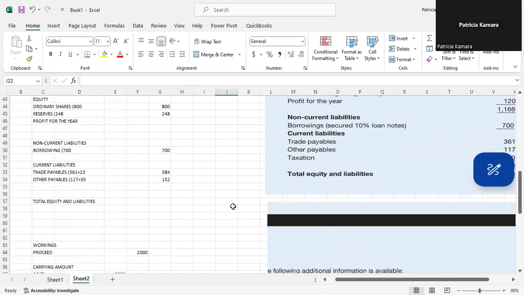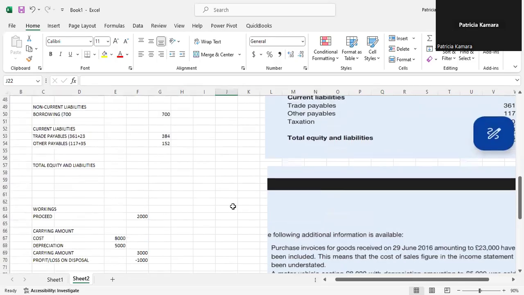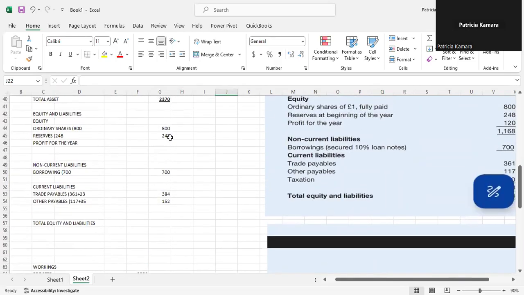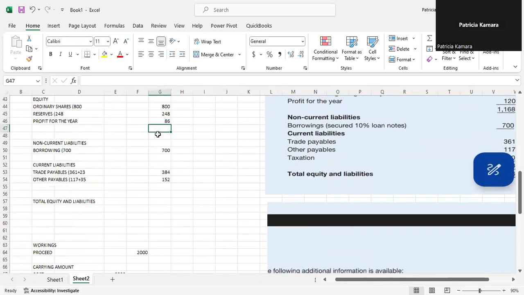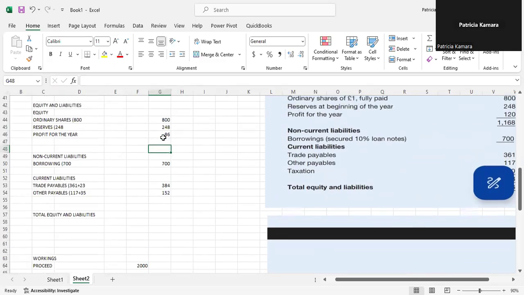Now we have to report the profit for the year figure, which is 86. When we do that, we can now calculate our total equity and liability.